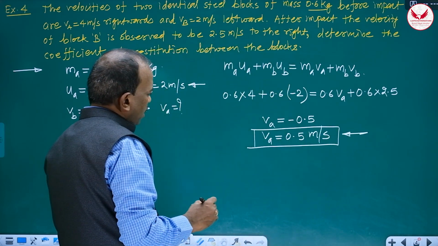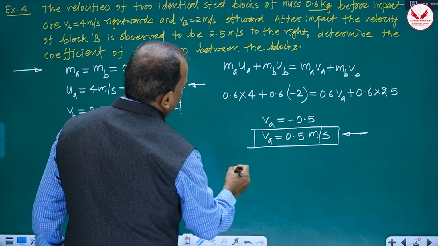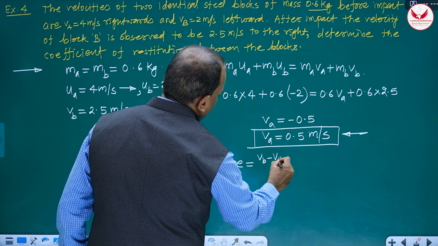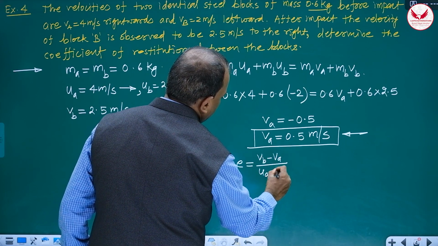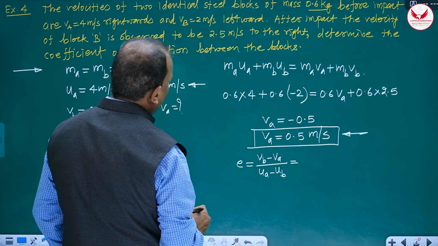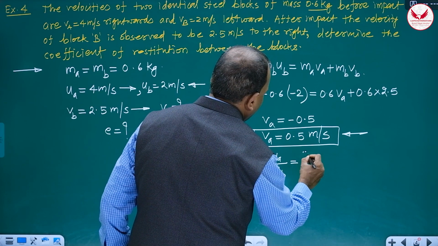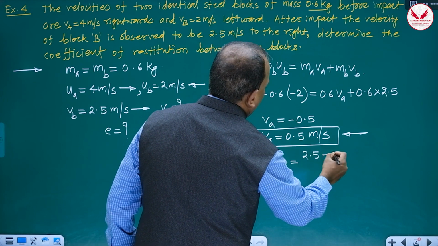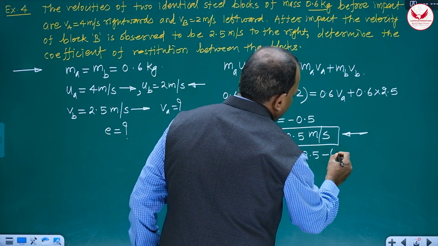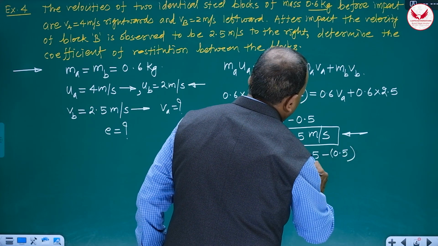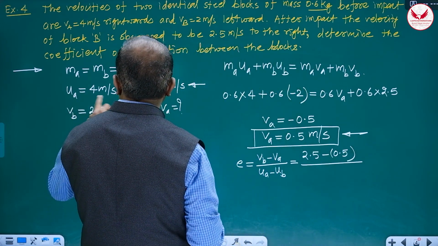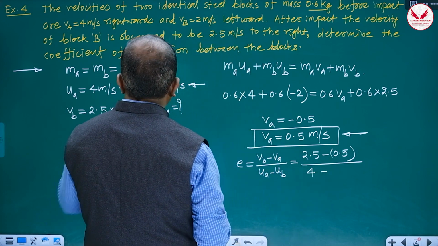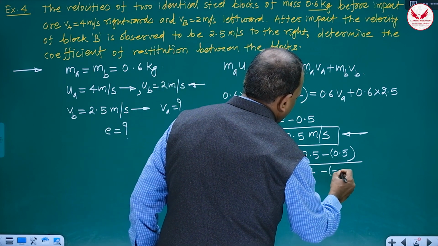Then how can we get the coefficient of restitution? E is VB minus VA divided by UA minus UB. Now all these four values we have. VB is 2.5 towards right, plus, minus VA, which is towards left, so minus 0.5, divided by UA, which is 4 towards right, minus UB, which is towards left.